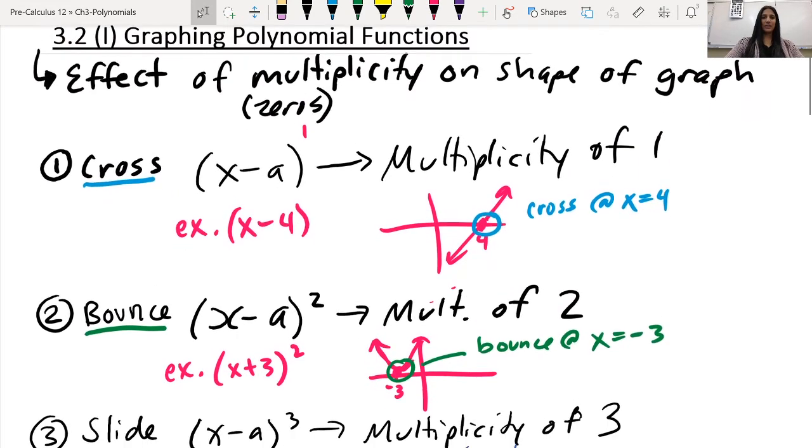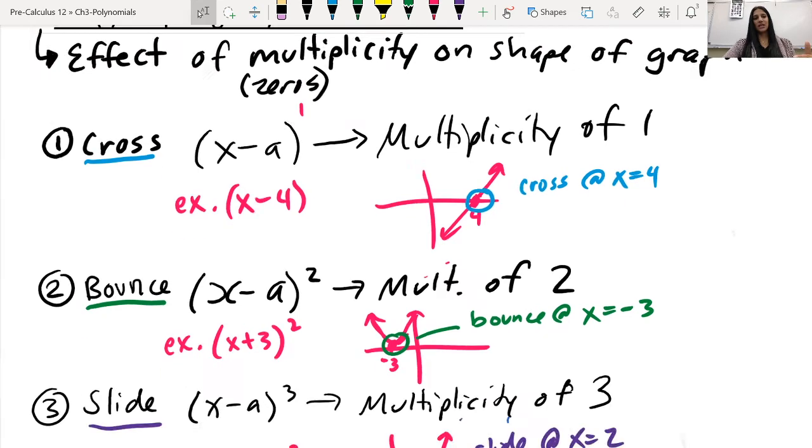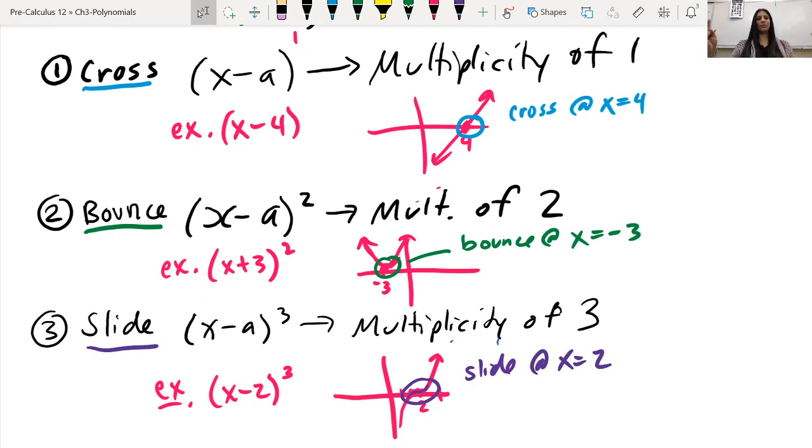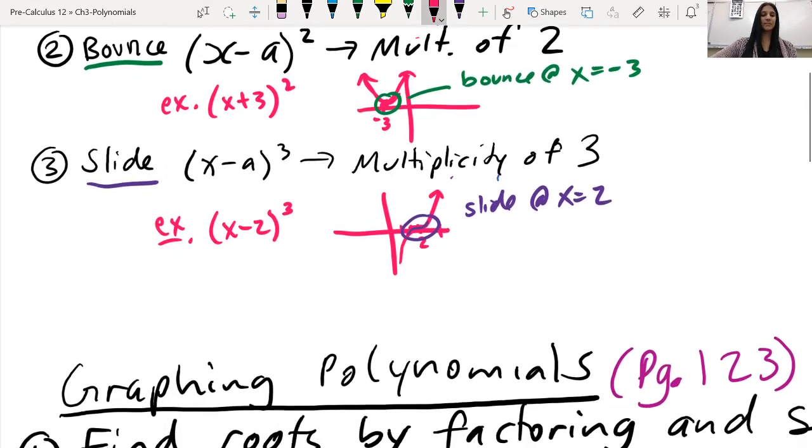Okay, so we have looked at these individually so that we could get to the point where we can start to put things together. But I wanted you to first know what the 3 impacts are of the different types of multiplicity. At any point, if you need to, of course, pause, do what you need to be able to keep up and follow along with this.